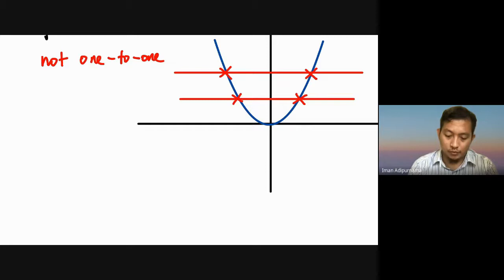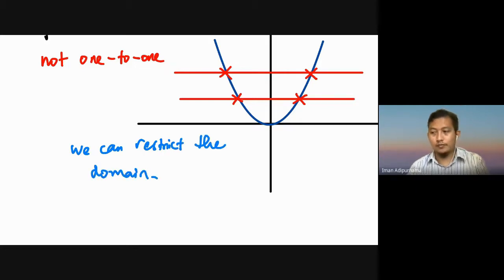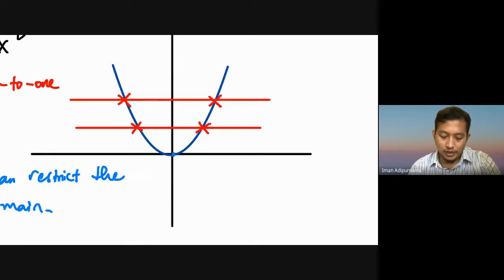Let me write one more time: we can restrict the domain. For example, we restrict the domain from here, all the way through the positive side of x.